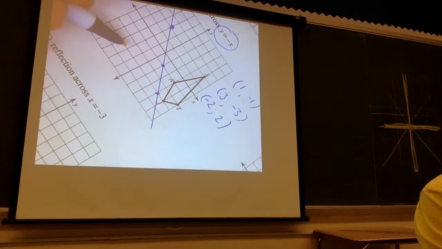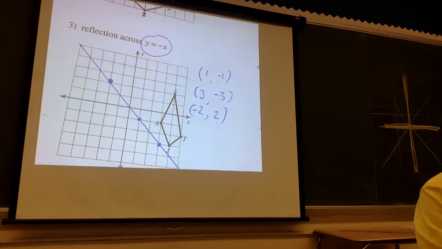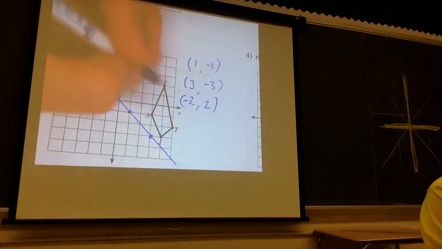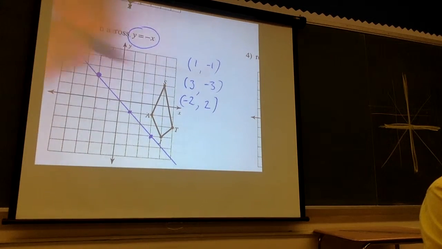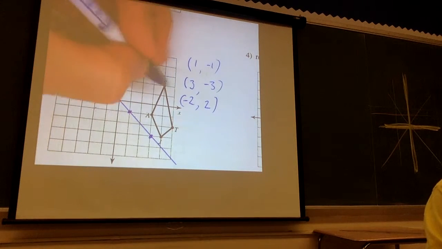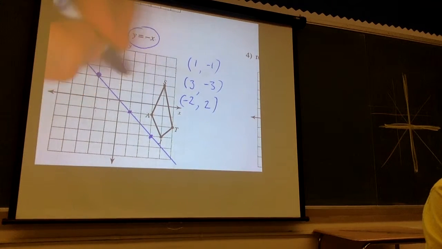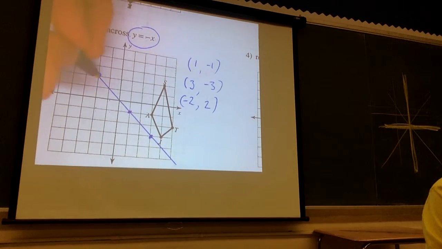Well, the way we're going to do it is I'm going to start by going horizontally. So I'm going to take point S, and I'm just going to go horizontally towards my mirror. So I'm just going to find out how far away it is from my mirror, going horizontally. 1, 2, 3, 4, 5, 6.